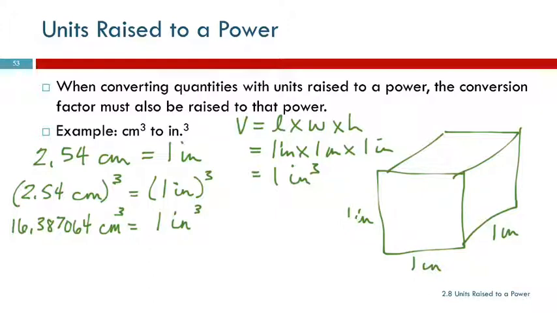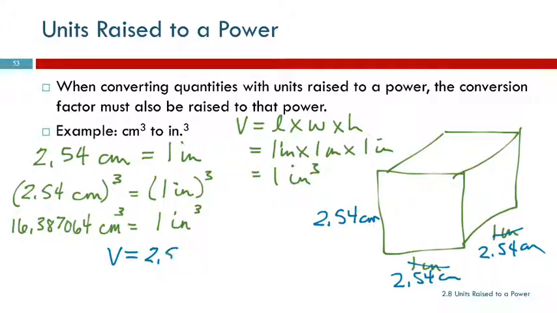So now this side is how many centimeters? 2.54. So now this is 2.54 centimeters. And this side is 2.54 centimeters. So now we find the volume, length times width times height, 2.54 centimeters times 2.54 centimeters times 2.54 centimeters.